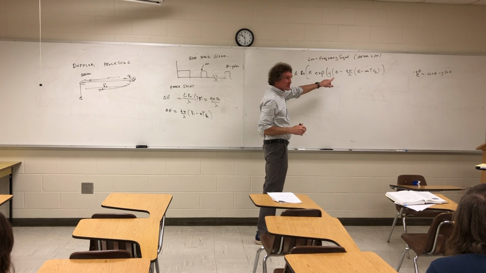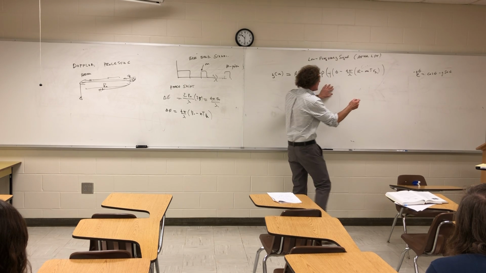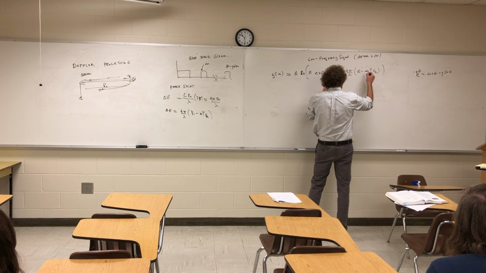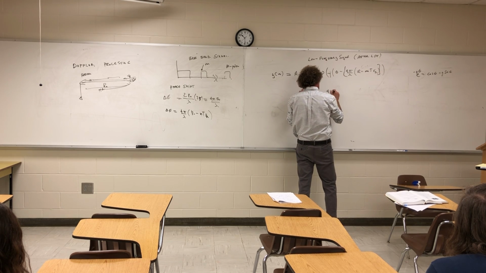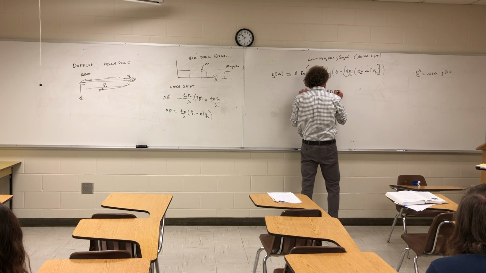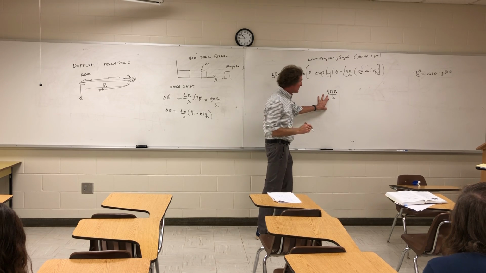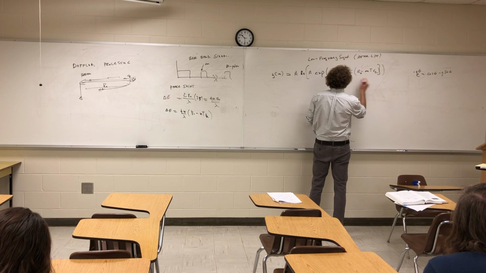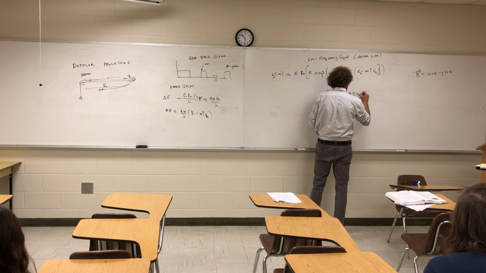Now, when I look at this, I can see something that happens. I'm going to just take a look at this part right here. I have 4 pi R naught over lambda, that's the initial phase change. But now I have minus 4 pi over lambda times VR times t.